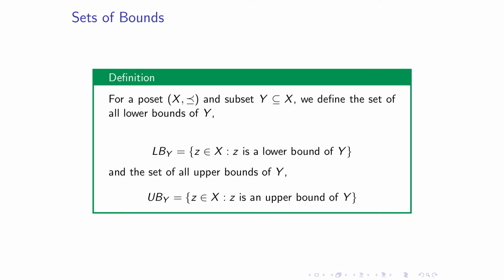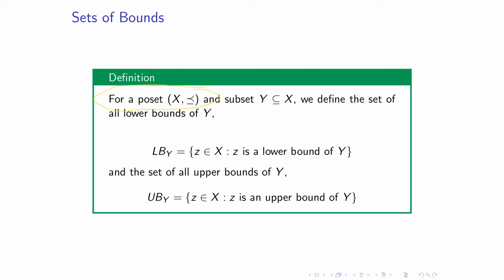Now, for reasons that will become clearer later, we will have use for talking about the set of all lower bounds and the set of all upper bounds on any given set. So let's give a definition and some notation for that.